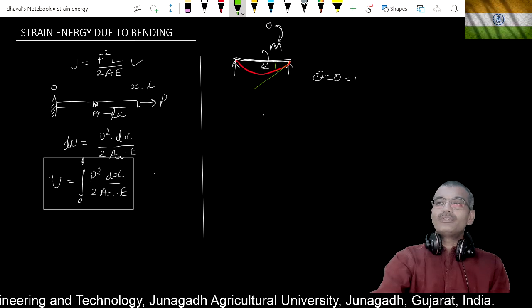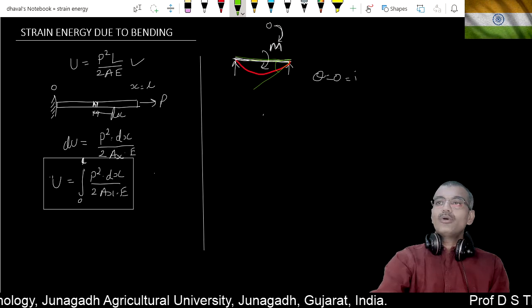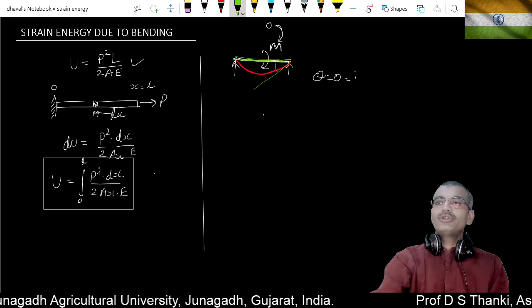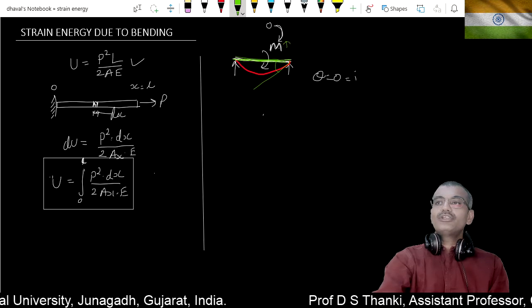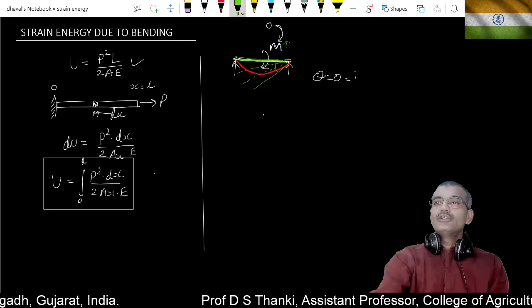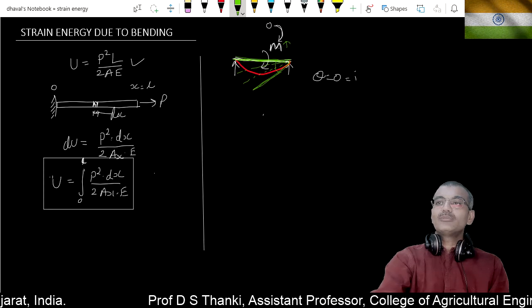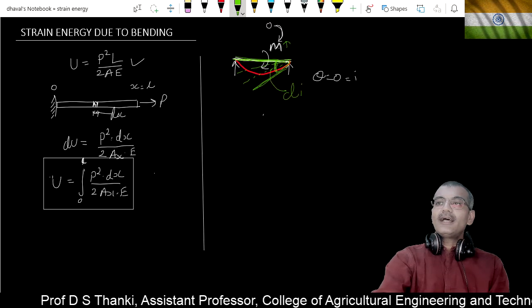Initially when M is equal to 0, your slope is 0 because your beam is horizontal, because no moment is there. As you increase the moment, there is an increase in the slope, and it will reach a maximum slope, and this maximum slope is suppose delta I, right?